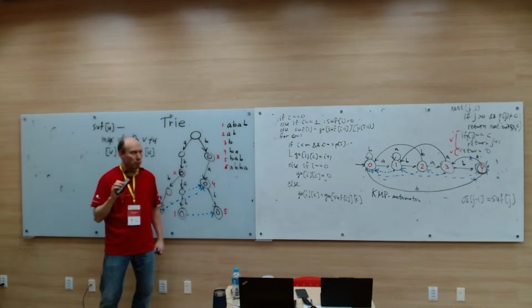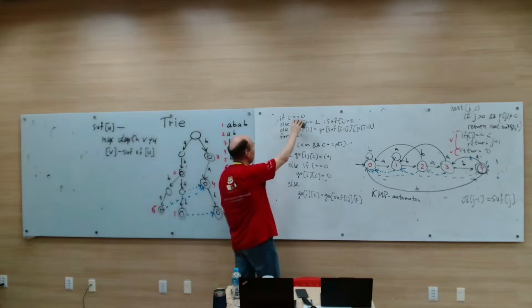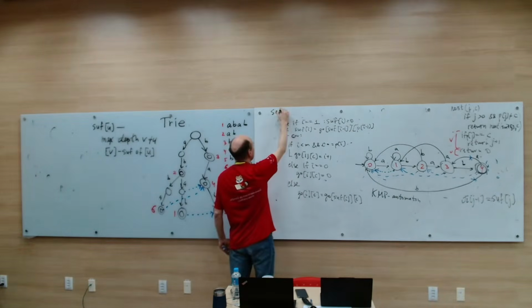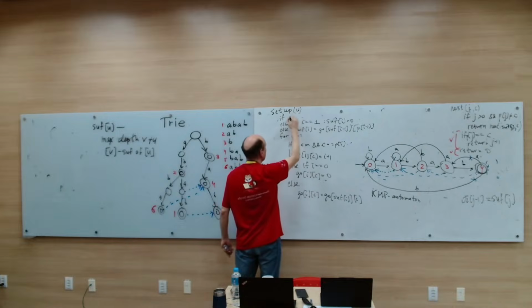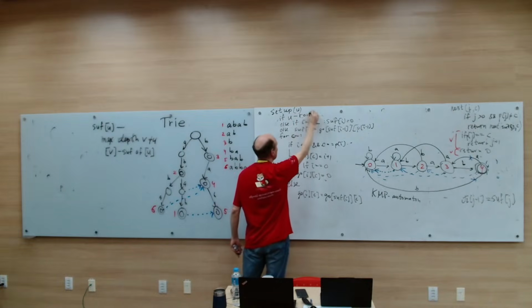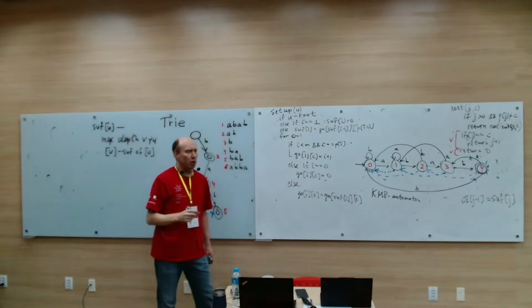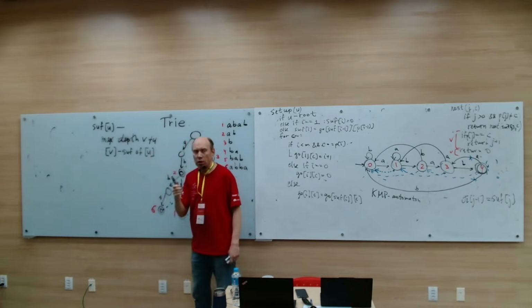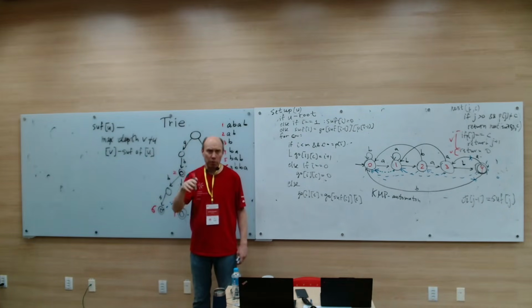We will discuss it in a moment. So this is set up for u. If u is the root, then we don't have a suffix. Look again at this definition, there is no suffix of the empty string that is not equal to itself.